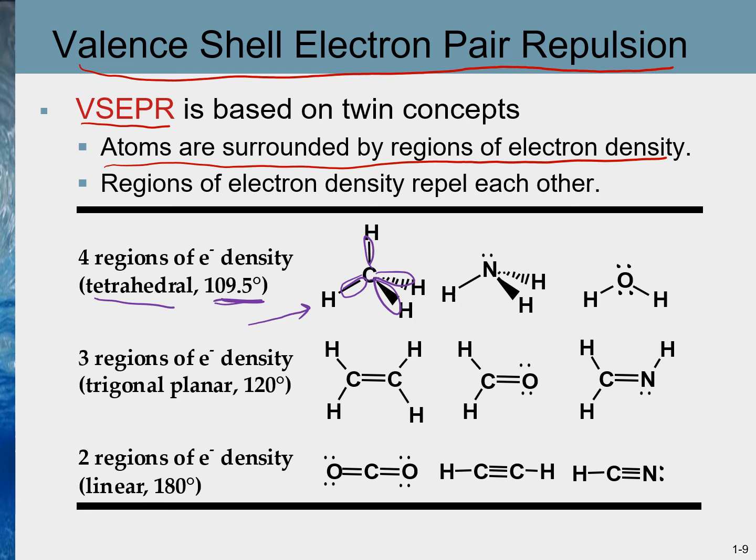In the case of ammonia, the central atom, which is nitrogen, is also surrounded by four regions of electron density. Remember, the unshared pair of electrons is also counted as a region of electron density.